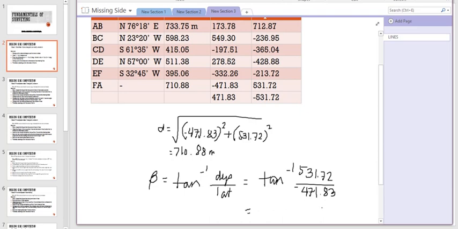Shift tan of 531.72 divided by 471.83 gives 48 degrees 24 minutes 25 seconds.